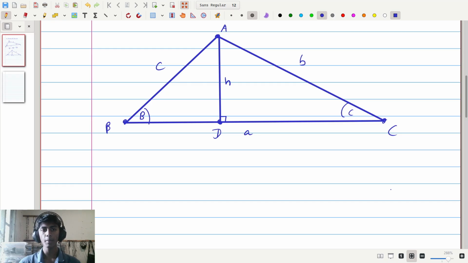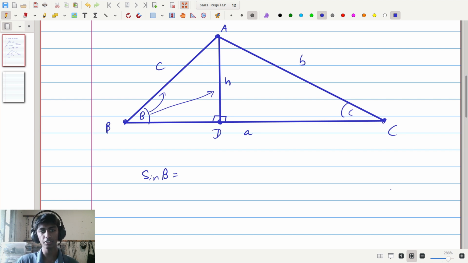So now I'm going to consider what sine of B and sine of C are in this situation. The sine of an angle within this triangle is simply the opposite side divided by the hypotenuse, since this is 90 degrees, it is a right angle triangle.